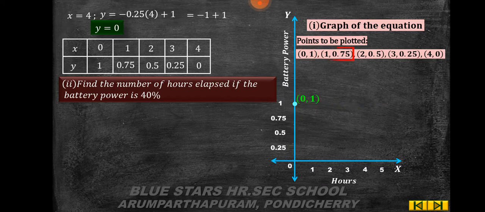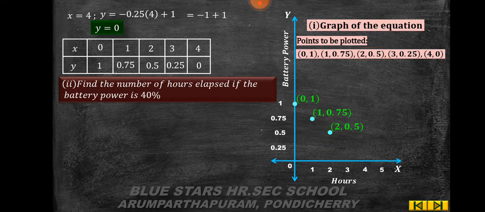Next (1, 0.75). Next (2, 0.5). 2 is on the x-axis and y is 0.5. So the coordinate is (2, 0.5).